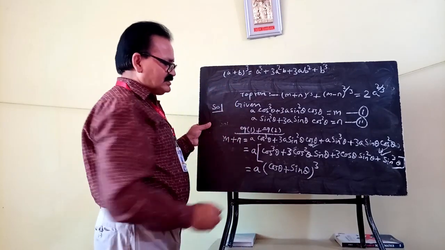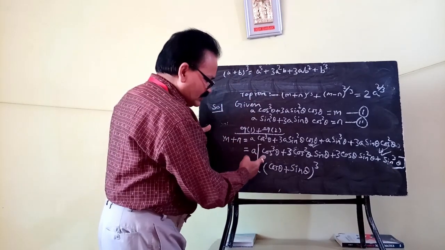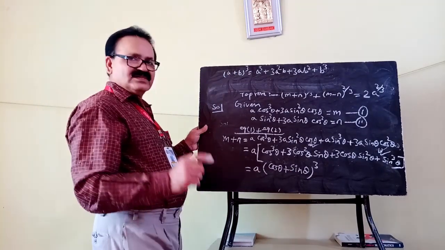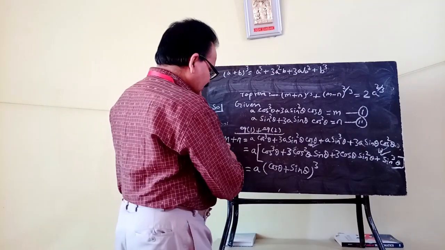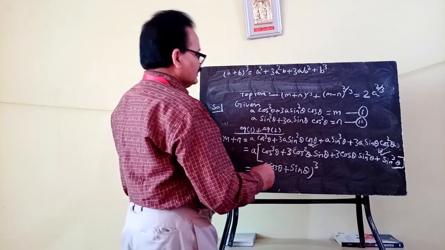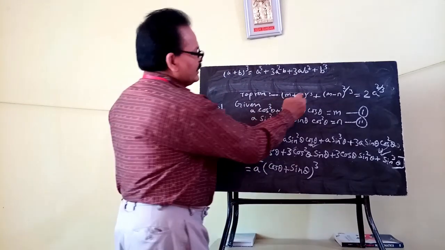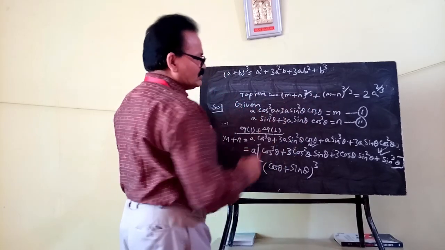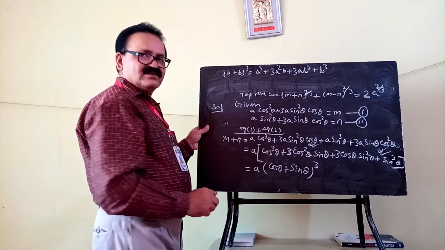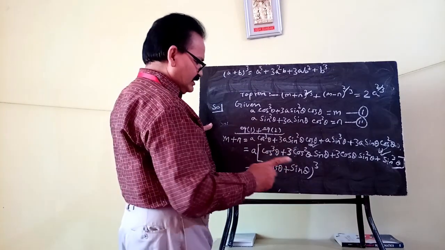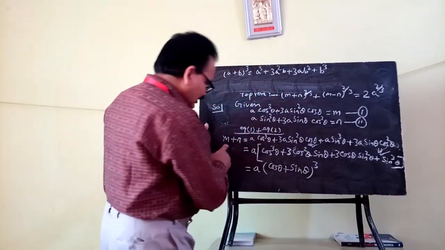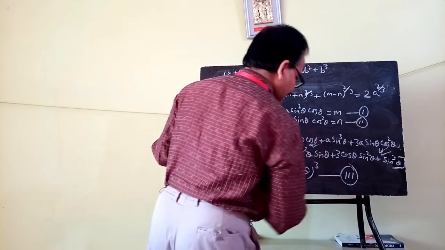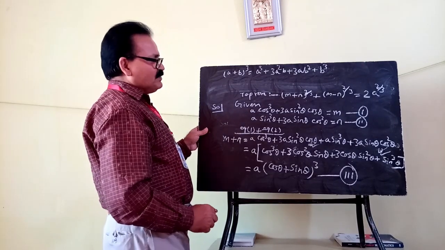You are using this formula, as a result of which this term becomes (a plus b) whole cube. Okay, clear? So this is your value of m plus n. Later on we will write (m plus n) whole to the power 2 by 3. So you write it as your equation 3. You have got the value of m plus n.